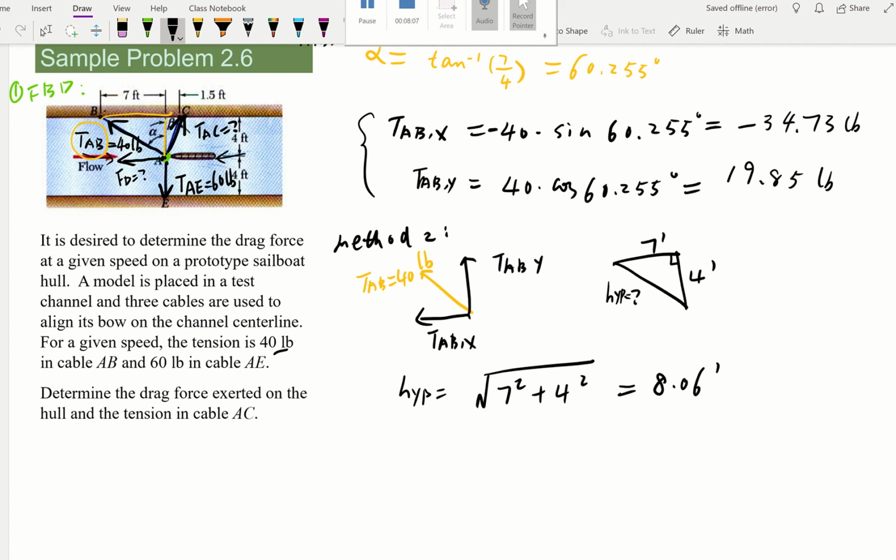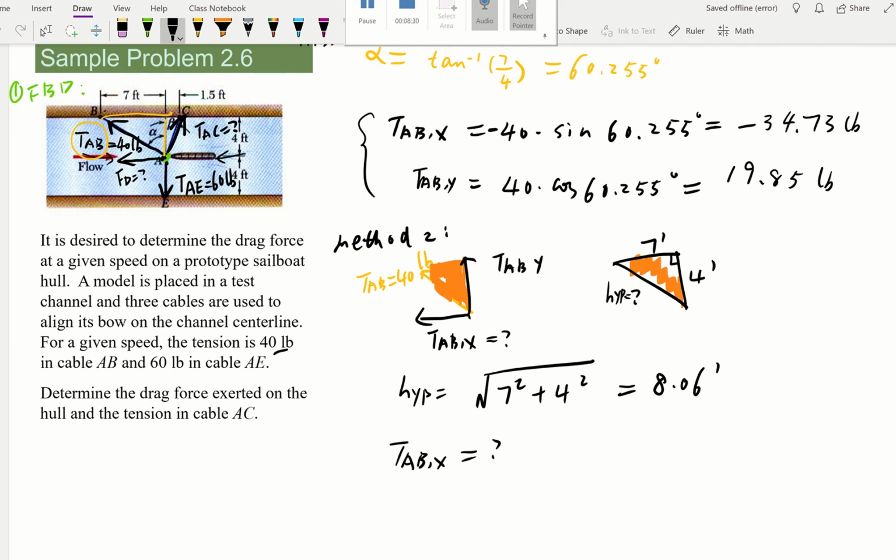Then we're going to find TABx, which is this one. And be aware, this triangle right here is the same as this triangle here, right? They're symmetric. They are similar triangles.